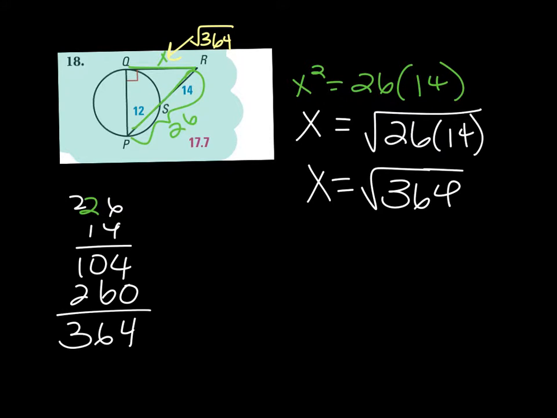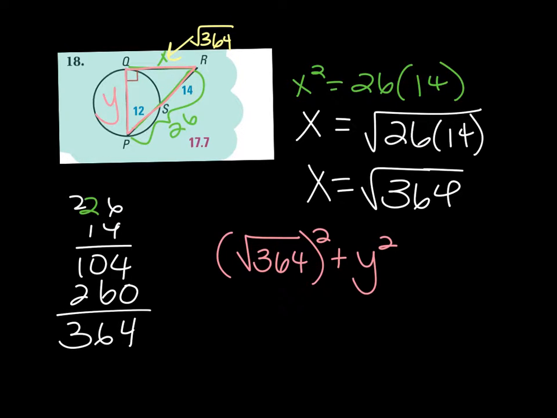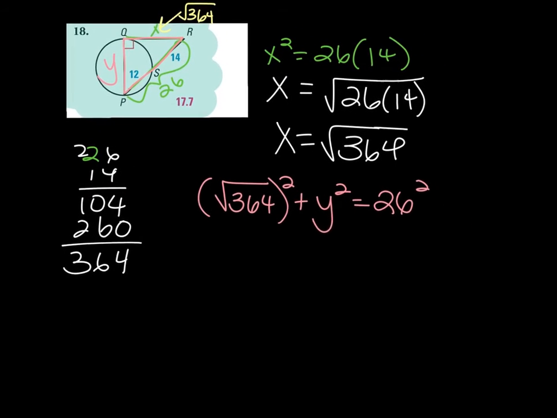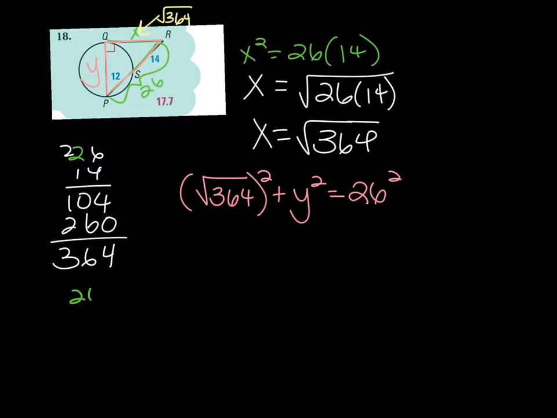And then I want to use the big triangle. So x squared, which is square root 364 squared, plus PQ, let's call this y so don't confuse our variables, y squared equals 26 squared. 26 times 26, 676.